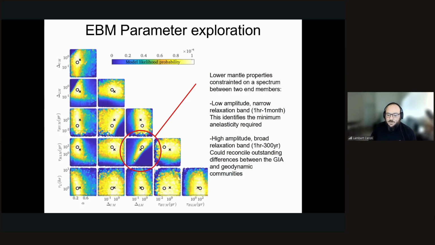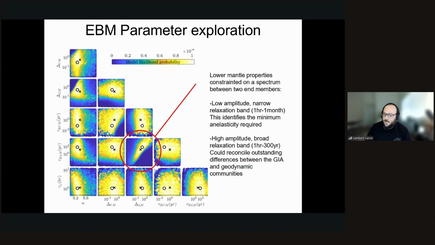So these parameters are both correlated, and we can identify that one end of that spectrum is low amplitude, narrow relaxation band, and that's the minimum anelasticity required to explain that data we were talking about.